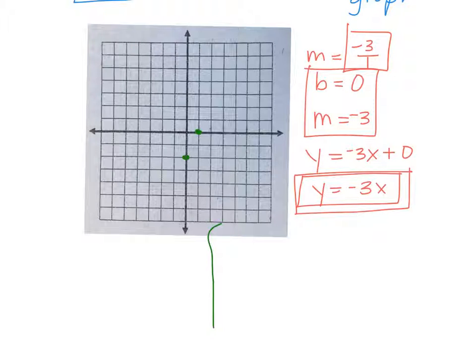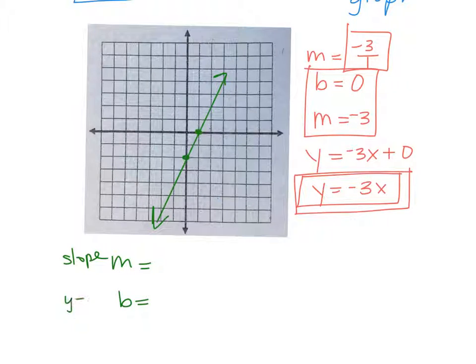And our line looks like this. So you need your y-intercept and your slope. So M and B. Remember, M is slope, B is the y-intercept.